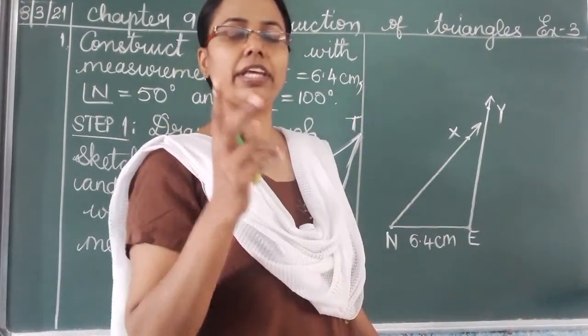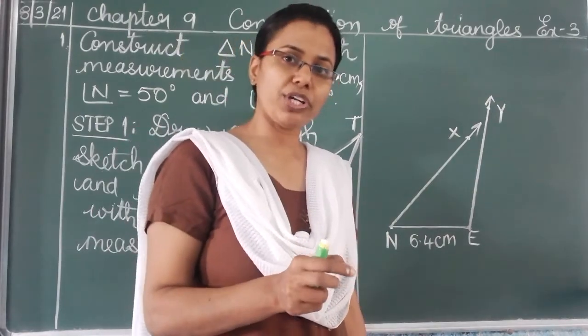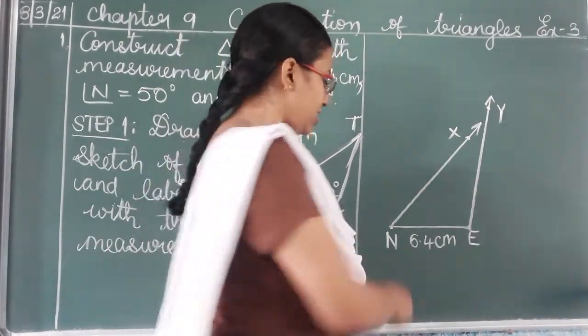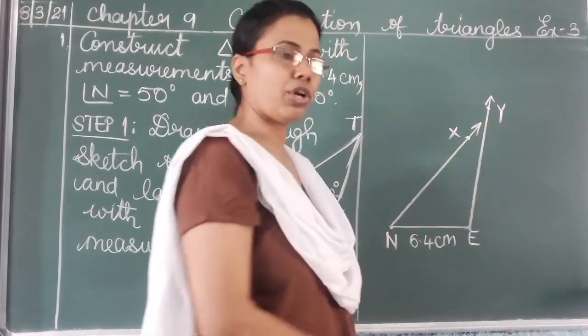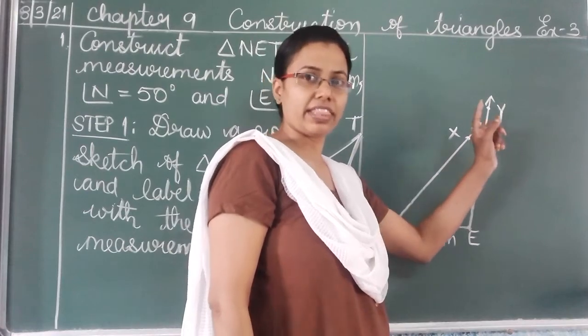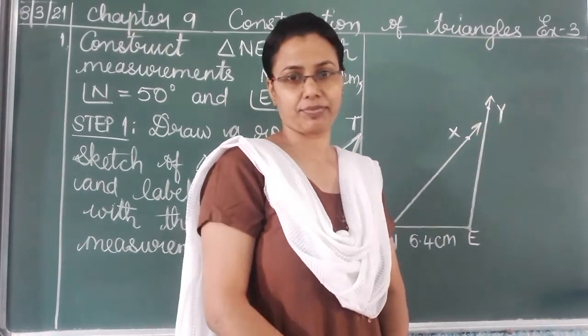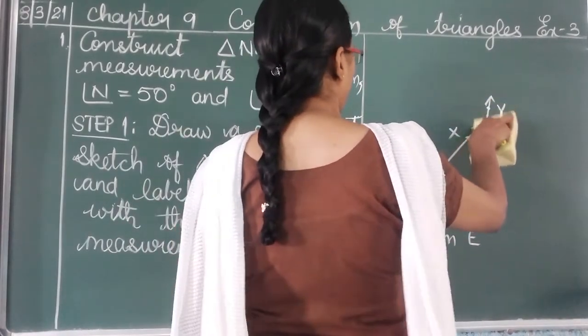Short, small, they are not intersecting at a point. So now what you are going to do is extend NX a little more such that it is going to intersect EY at a point, and that point is your T. Understood? So now use your scales again to draw this.